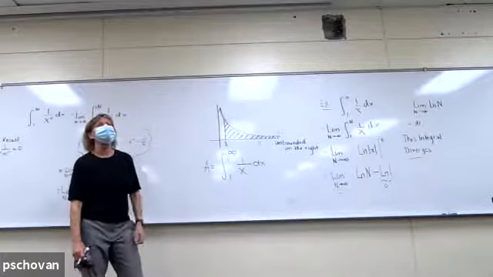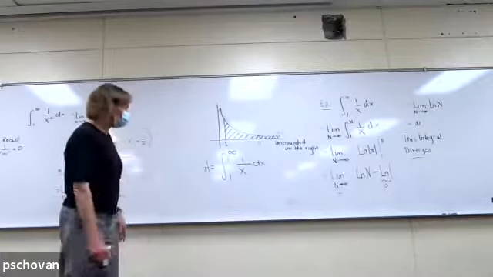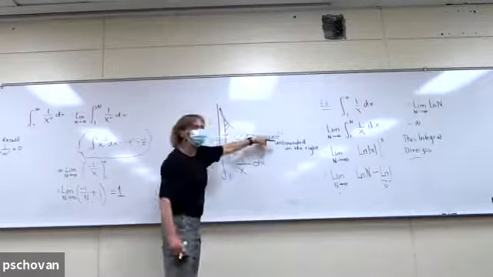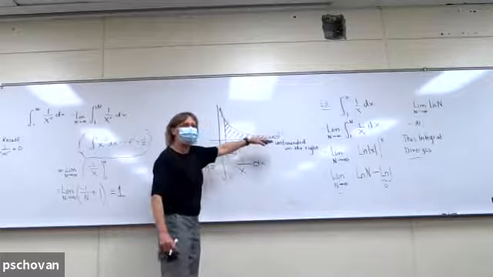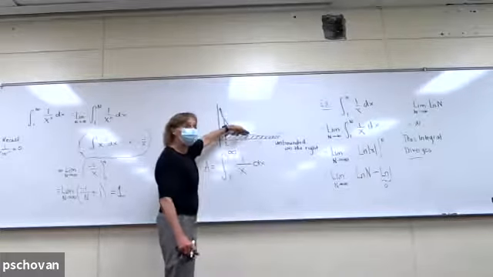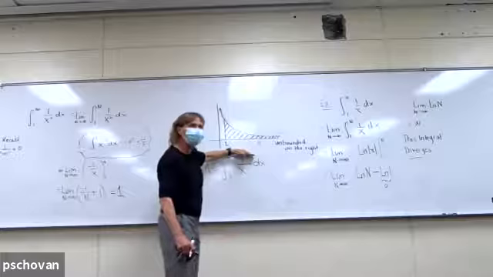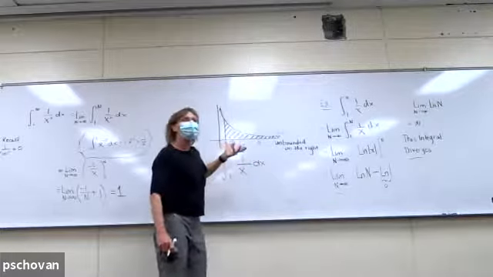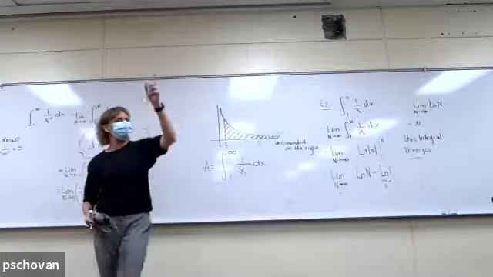Yes, sir? 1 over x cubed also. Because 1 over x cubed is going to be underneath this one, right? So if you have a function that's bounded in area by a finite number, then it too will be bounded by a finite number. It won't be 1, because what's the integral of x to the negative 3?